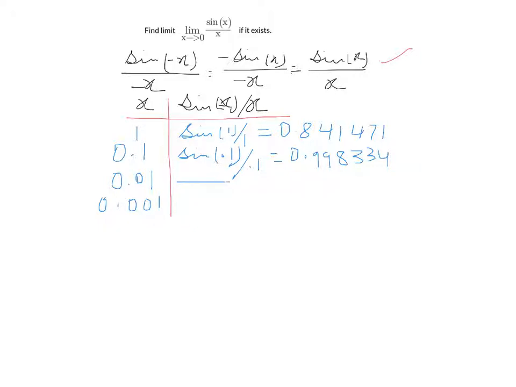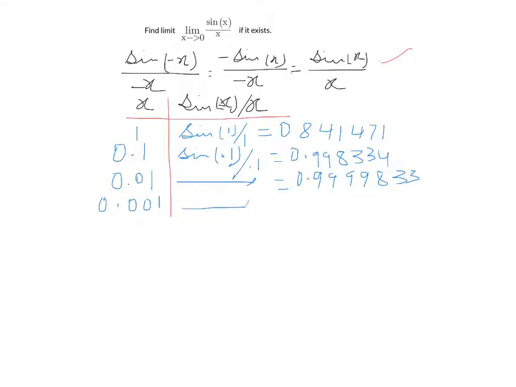When 0.01 is substituted for x, sine of 0.01 over 0.01 will be evaluated to 0.999983.